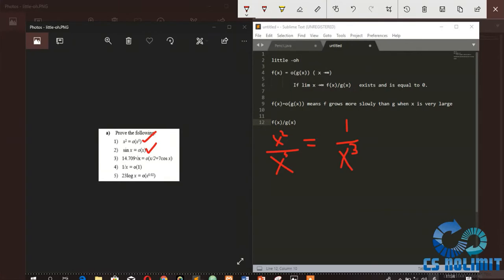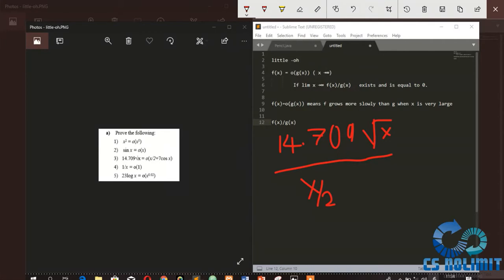And another one is this one: 14.709 radical x is equal to o of x over 2 plus cos x. Okay, let's attack this very closely. We have our f of x as 14.709 radical x, divided by x over 2 plus 7 cos x.